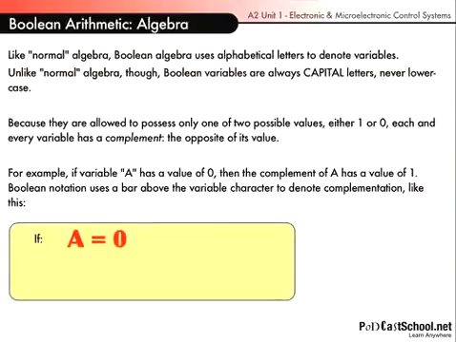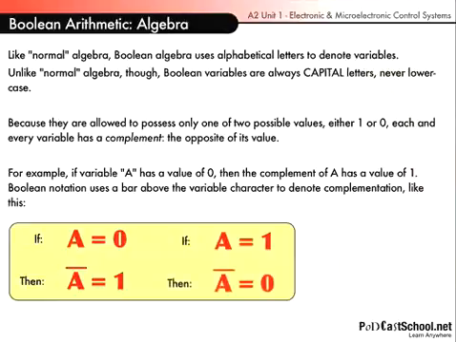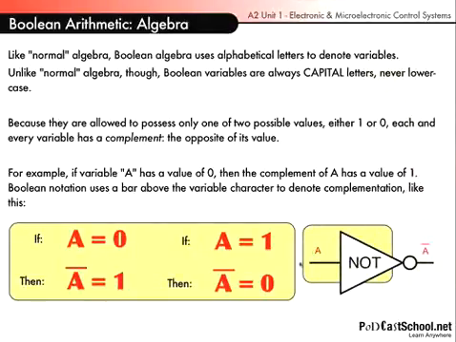So if A equals 0, for example, then we say that A bar, this A with a bar over it, must equal 1. In other words, its opposite or its complement. And also, if A equals 1, then of course A bar must equal 0. And if you look at a NOT gate, then A as the input must give us A bar at the output.